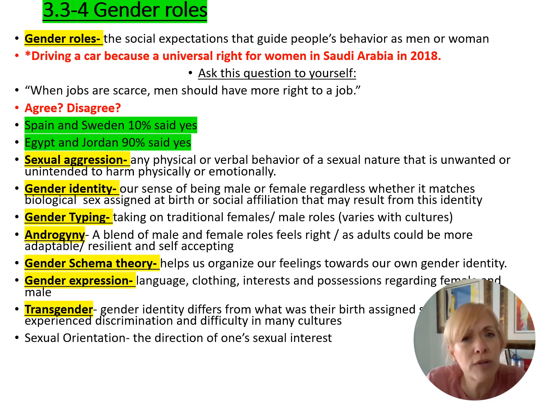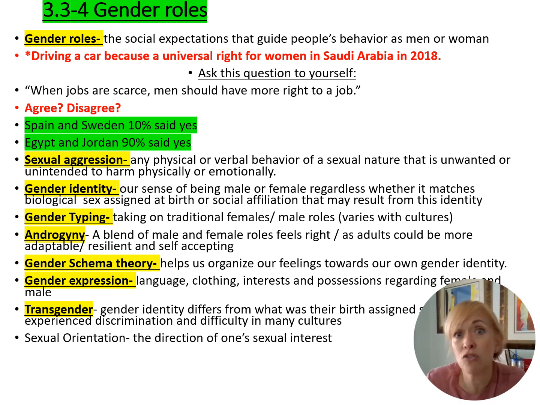Do you agree or disagree with this statement? Just listen. When jobs are scarce, men should have more rights to the job than a woman. Do you agree or disagree with that? Well, just to let you know that in Spain and Sweden, 10% when surveyed said yes, that the man should have the job if jobs are scarce.